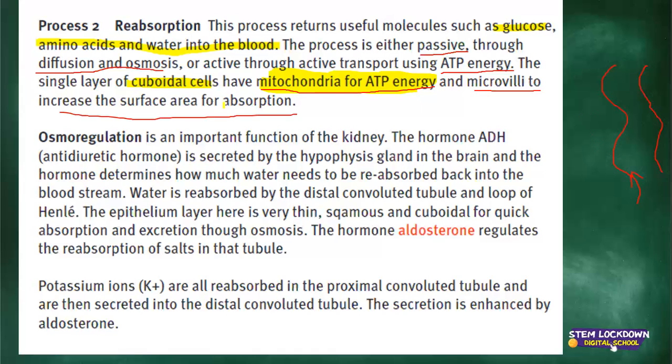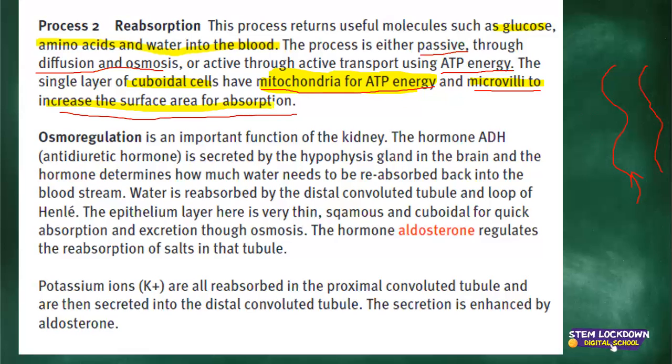With a large surface area, the process of absorption happens easy, especially for diffusion and osmosis. And since it's a passive transport, there's a larger area, larger ground for the passing through of substances to occur. So whenever you see any structure having a large surface area, it actually aids in the functioning of that particular structure. It is good for that structure. So remember these ones. These are important to remember and understand.